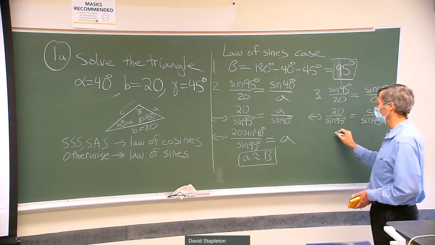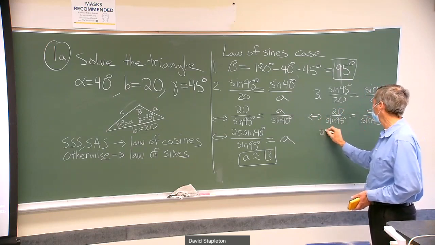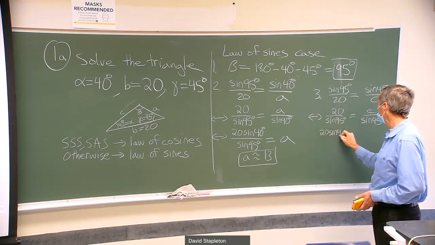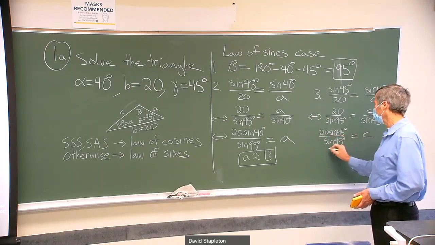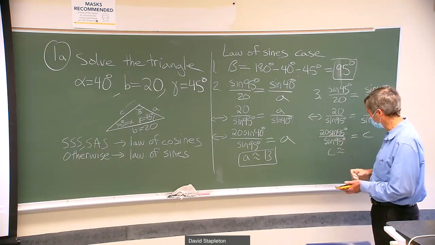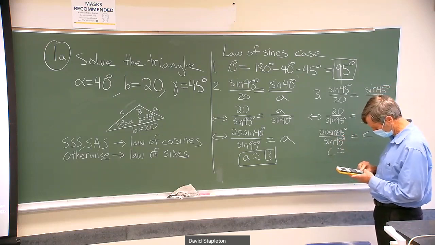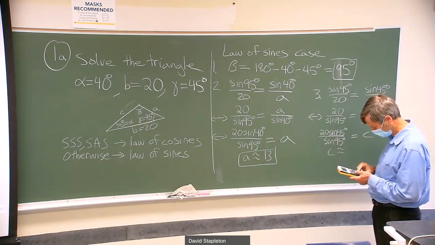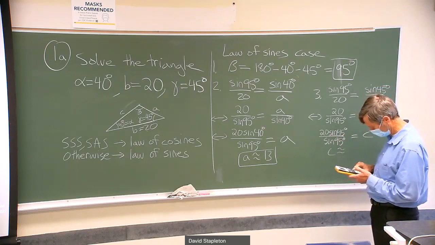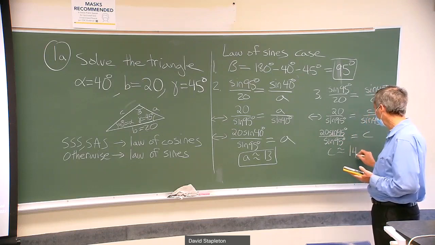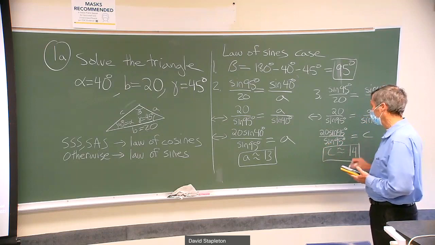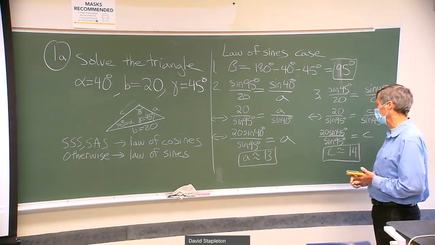Multiply both sides by sine 45 degrees and have 20 sine 45 degrees over sine 95 degrees equals C. Evidently, C is equal to about 14. Okay. So now, rounding to significant digits there, I wind up with that.